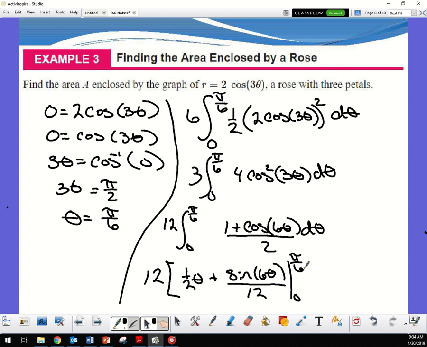Because then the cross section becomes pi, becomes 0 and 0. That's cool how the trig function just disappears. So what's that going to be? Pi over 12 times 12, which is just pi? Wow.